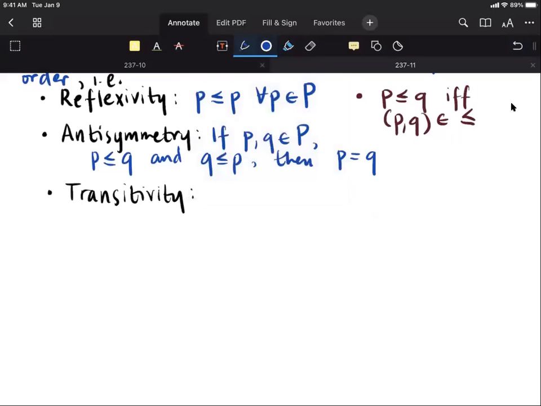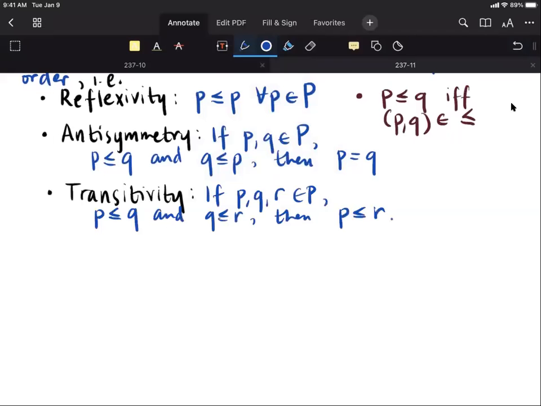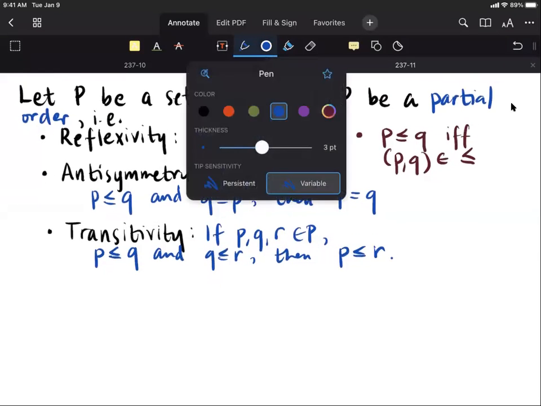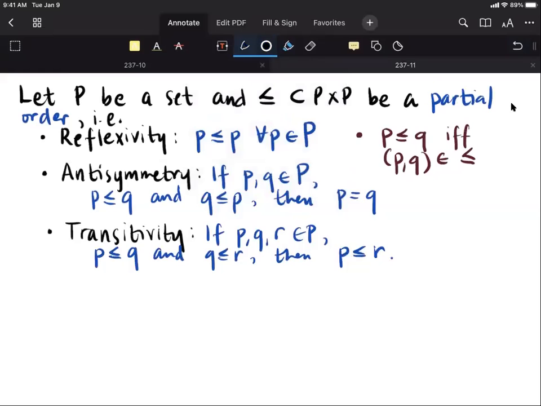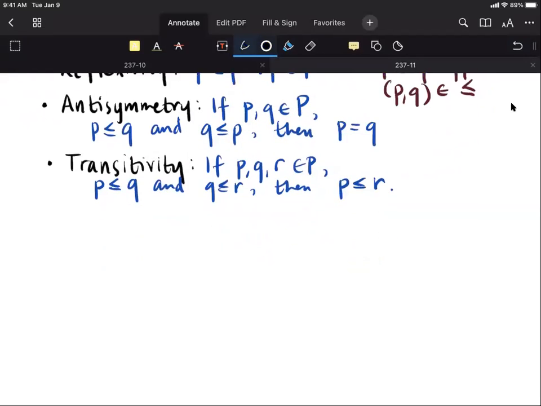So if P, Q, R are in P, P is related to Q and Q is related to R, then P must be related to R. In this way, the pair is called a partially ordered set.